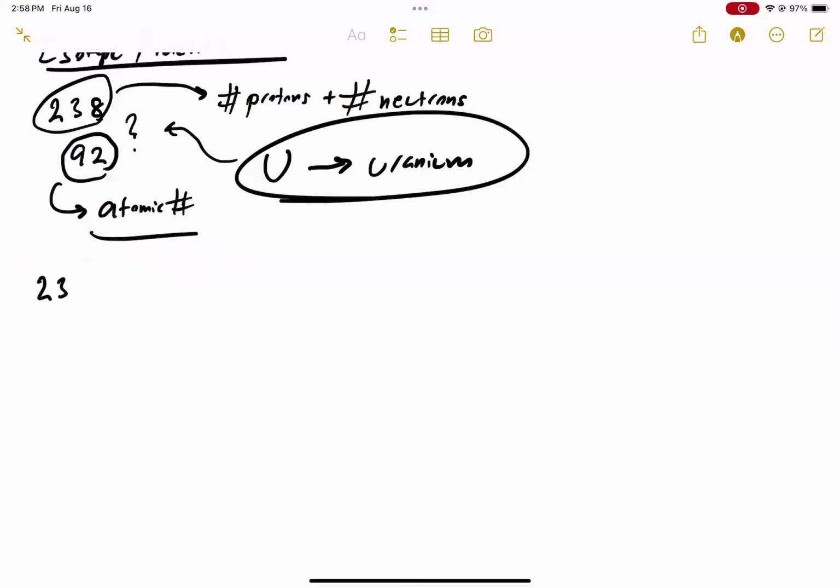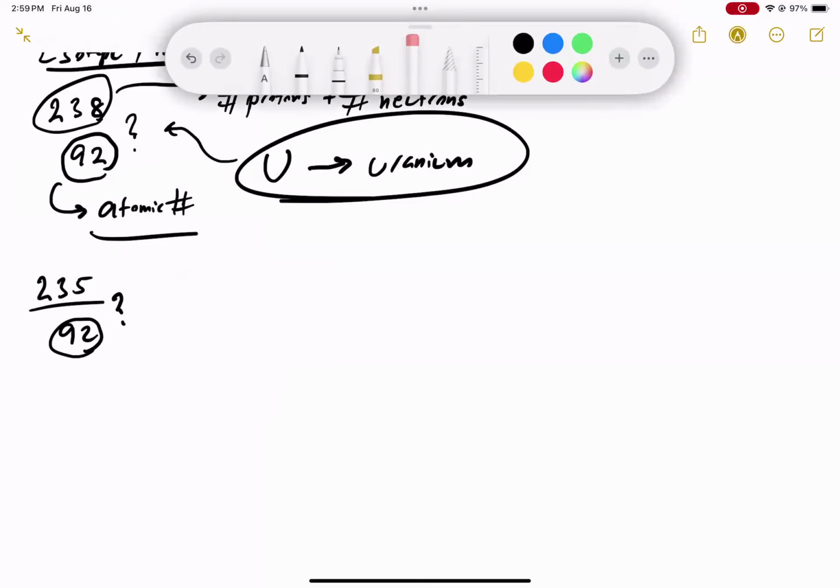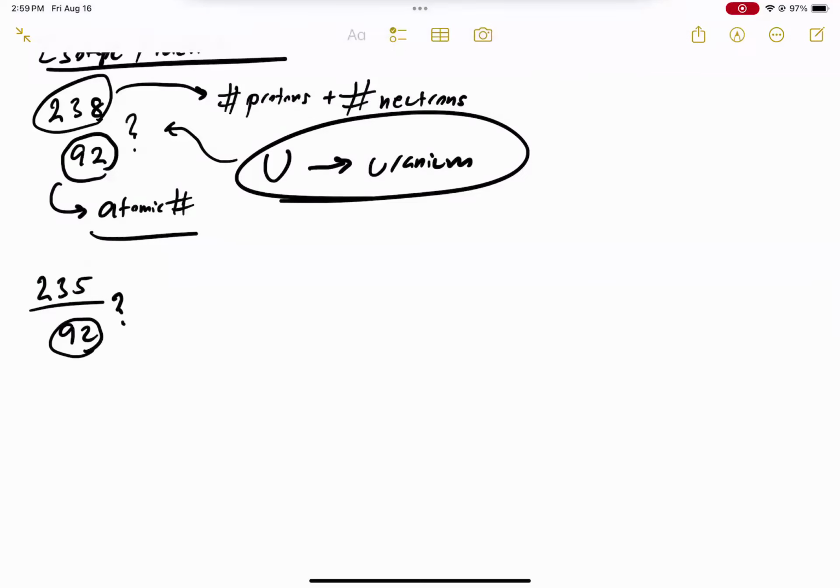So 235, 92, question mark. Well, what could this question mark be? Remember, it's the atomic number that really determines what element we have at hand, and it doesn't really matter what that top number is. We only care about this bottom number. Since we have 92 again, that means this is also uranium.